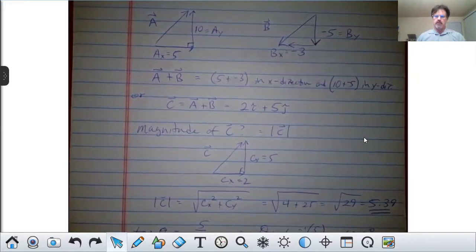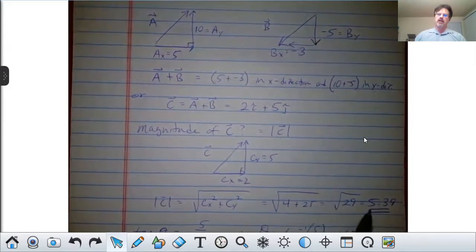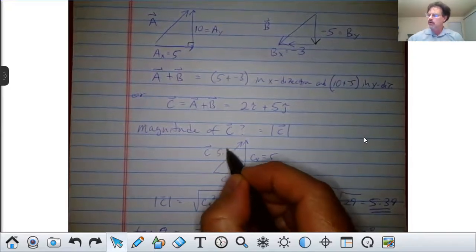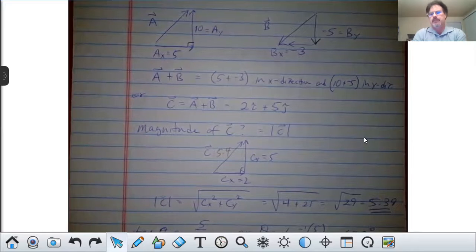It's not magnitude and direction, it's just the length. Plugging in, my x squared is 4, my y squared is 25, so I get 4 plus 25. That gives me the square root of 29. I get 5.39, or about 5.4, would be the length or the hypotenuse of that vector c.